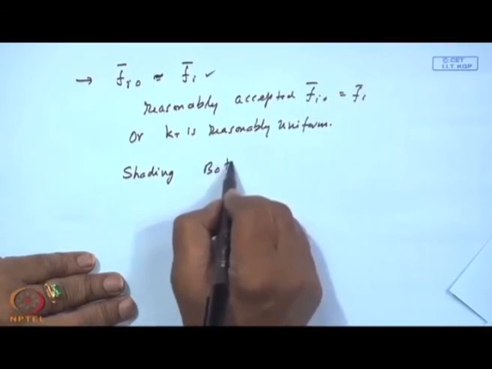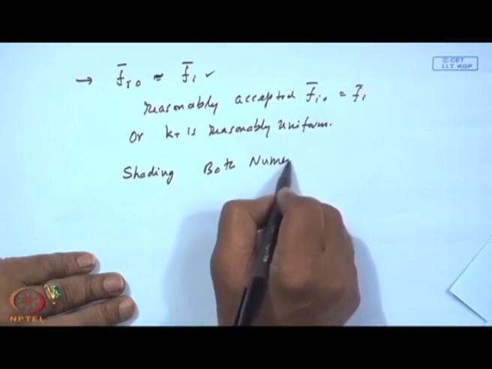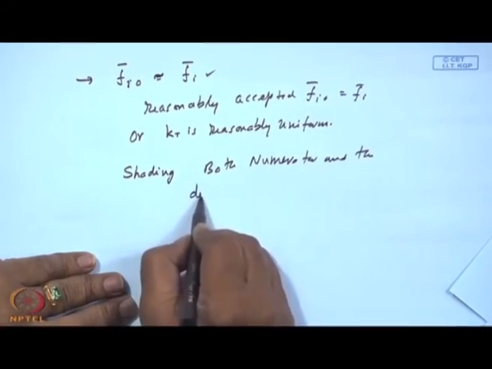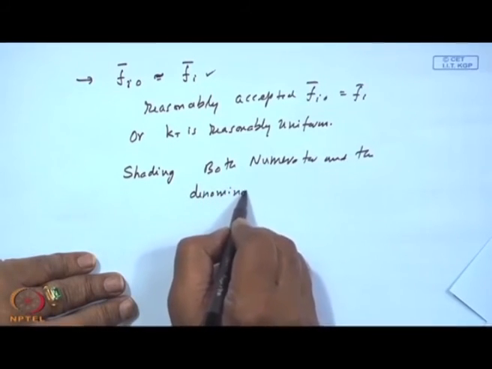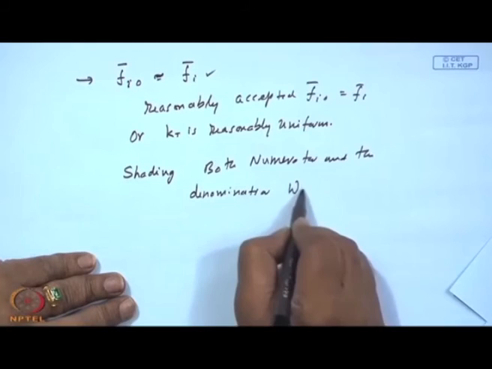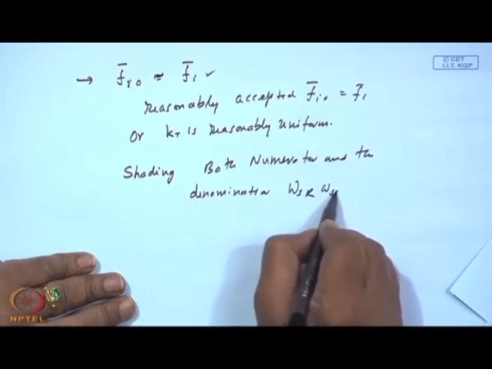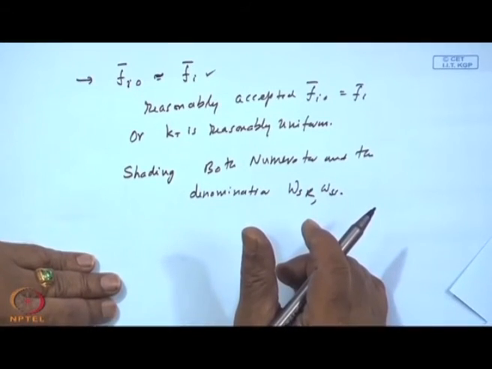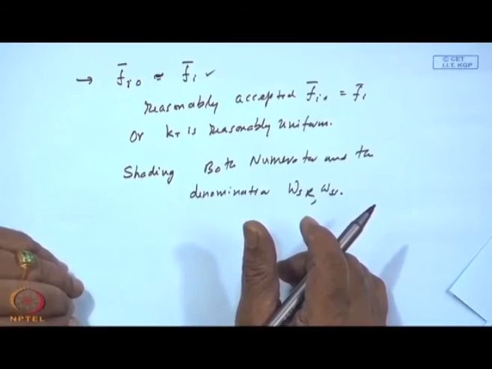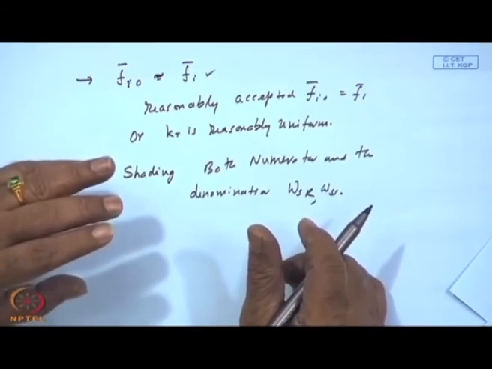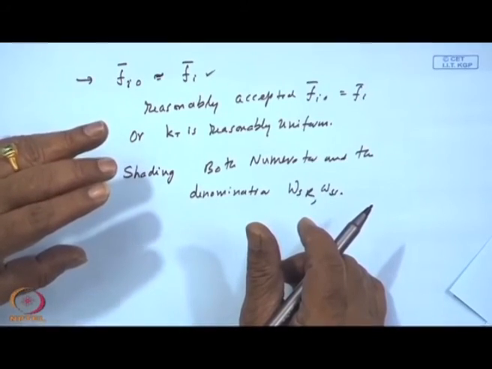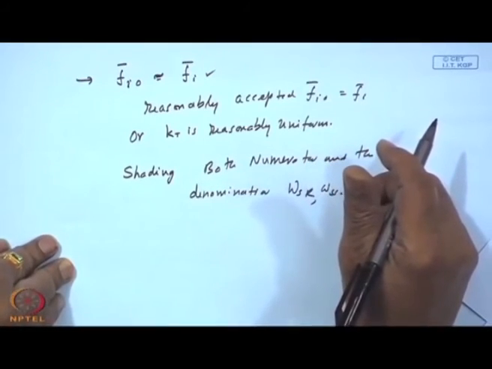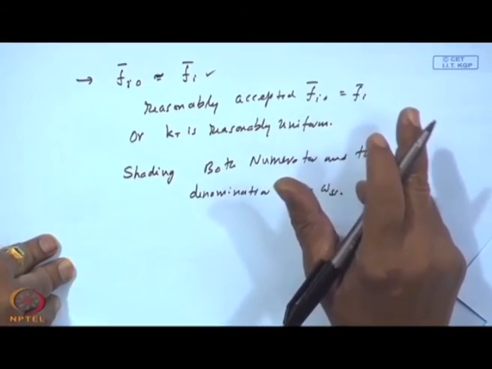On top of it, as far as shading is concerned, both the numerator and the denominator are integrated from omega Sr to omega Ss. Unlike in the case of our flat plate collector solar radiation received, where the integration is between omega Sr to omega Ss in the tilted radiation, whereas it is twice 0 to omega S in the denominator, and that could make a difference in the time element of the numerator and the denominator.